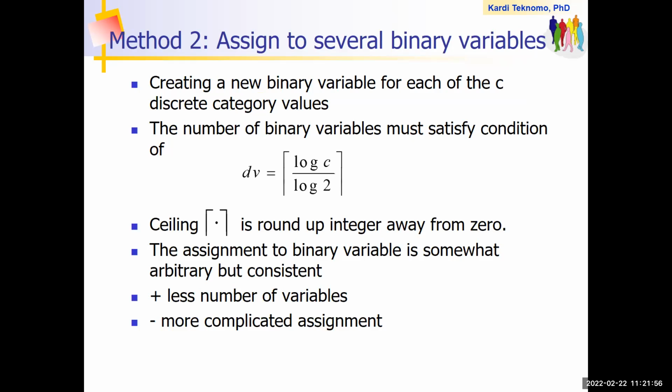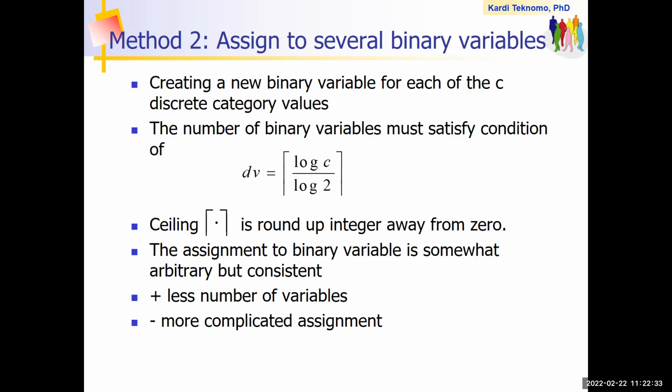Now the second method is to assign several binary variables. To do this, you need to decide first how many binary variables you need to get. That depends on the number of values. For example, if the number of values is C, you get the log of C divided by the log of 2.